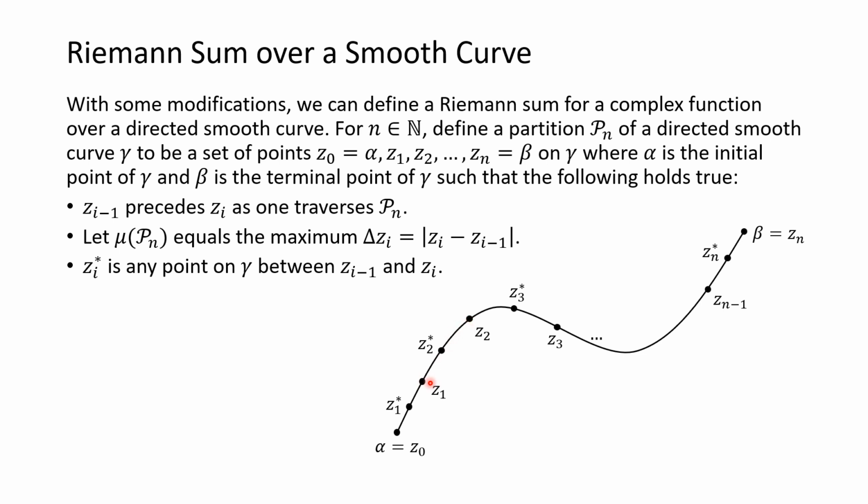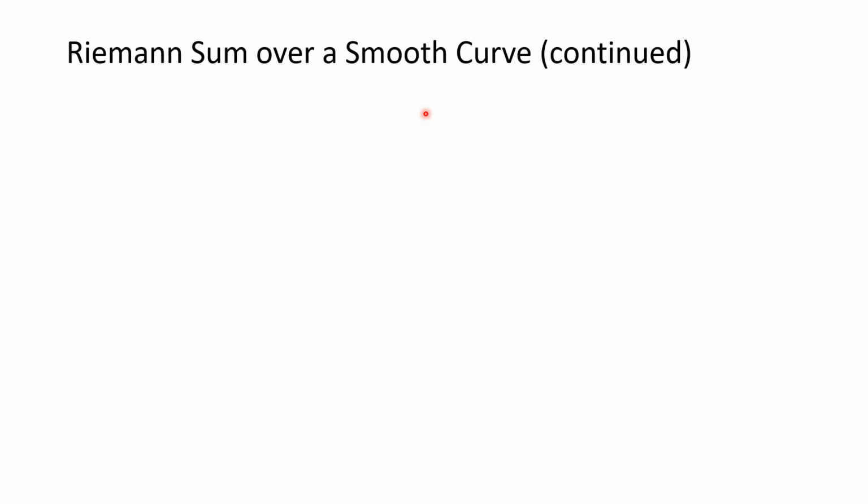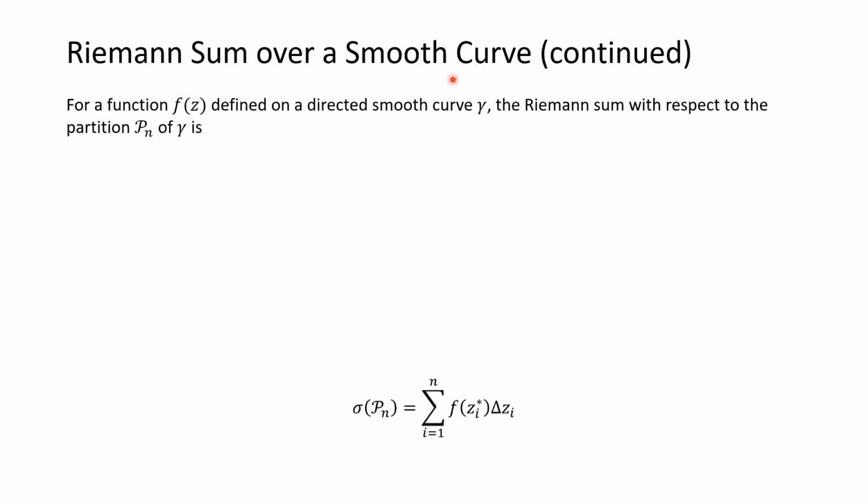For example, maybe z1 to z2 is the biggest out of all the ones we've defined here. So that's how we get started. It's going to take a second slide to finish this off, but try to keep these definitions in mind as we proceed. So let's complete our definition of a Riemann sum for a complex function over a directed smooth curve.